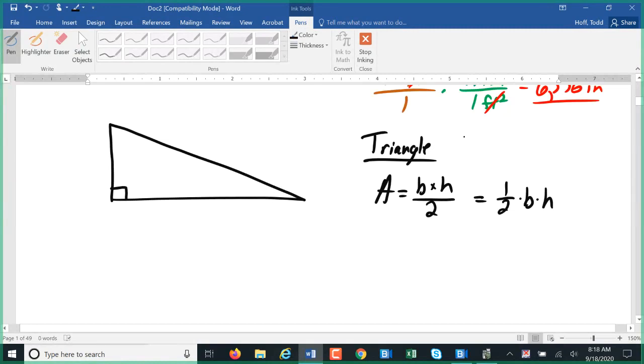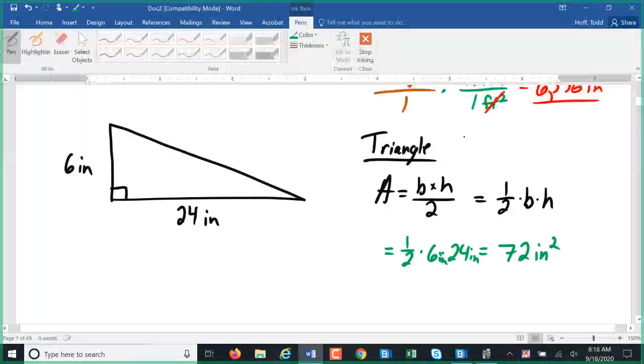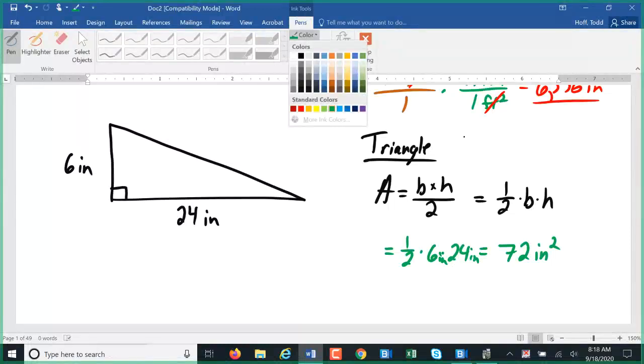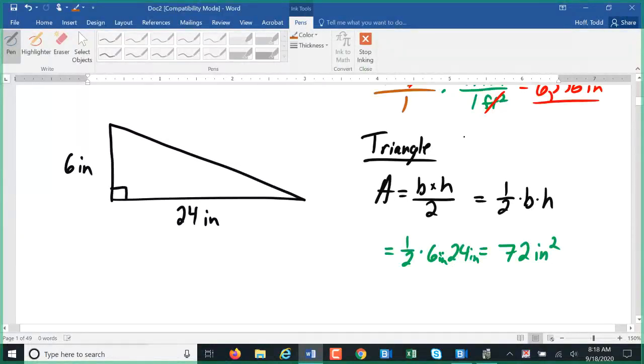So let's say that this is 6 inches tall and 24 inches long. That area is 1/2 times 6 times 24. Of course, those are inches, which gives us 72 inches squared. If you wanted to practice turning that into square feet, you could. It actually comes up to be 1/2 of a square foot.